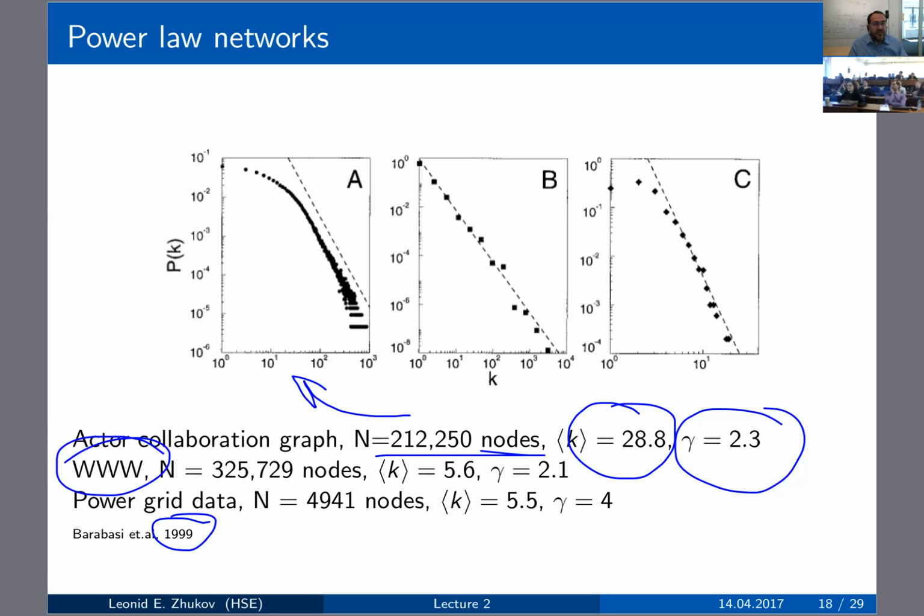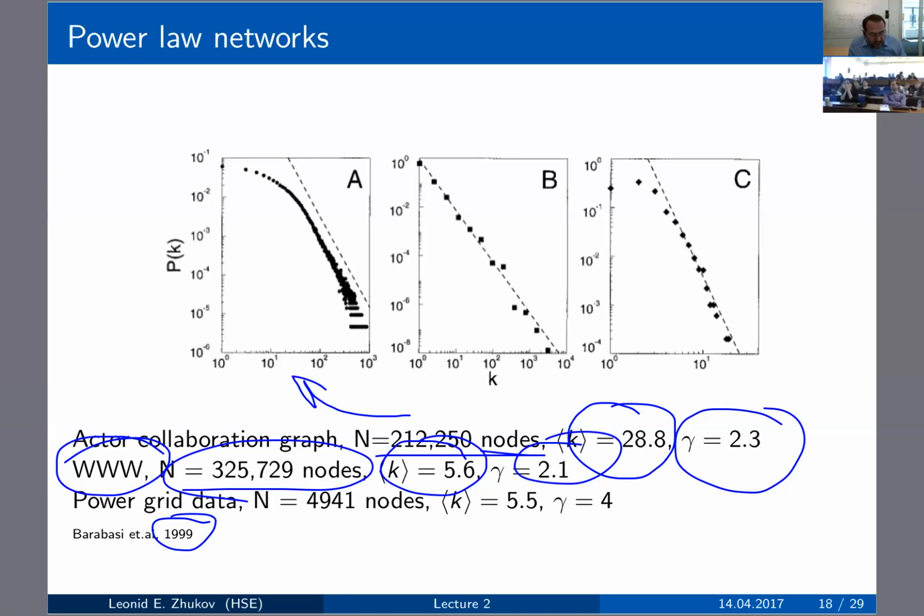Imagine, this paper was done when the size of the World Wide Web, the internet as we know it, was only 300,000 pages. It was pretty much the beginning of the web. Now it's billions and billions of pages. For that time, the average number of pages a page was connected to was 5, and gamma, the coefficient of the distribution, was 2.1.